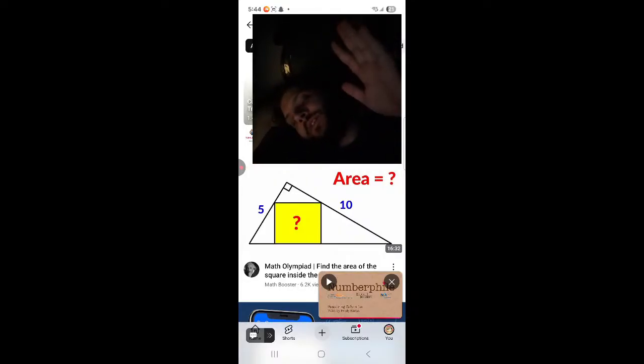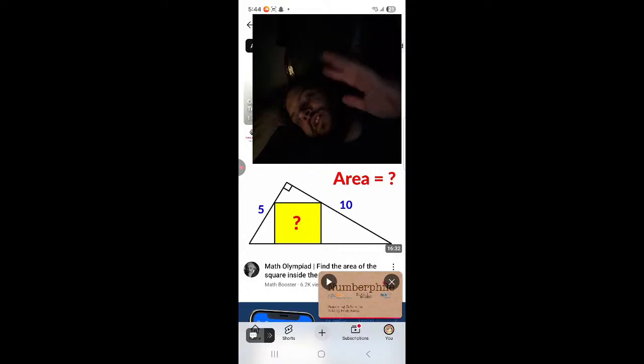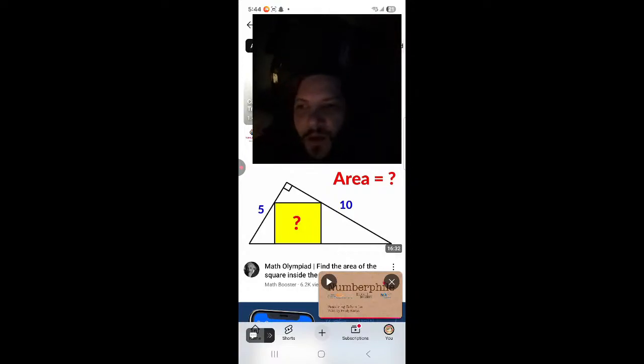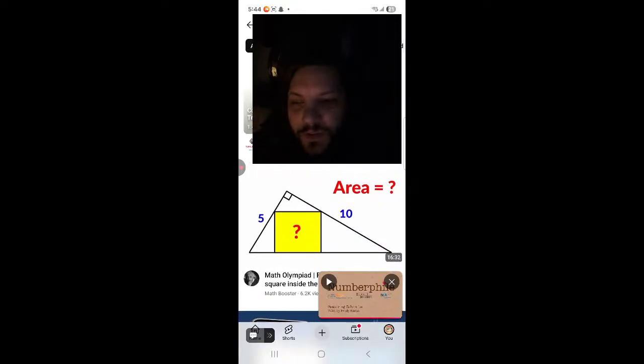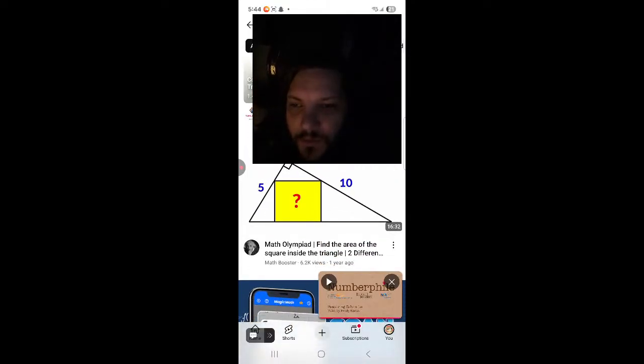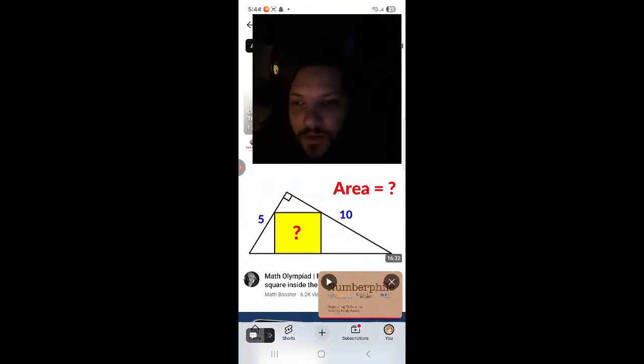Let's just say that the relationship between a regular square and any other type of triangle, it doesn't matter if it's equal or right angle triangle, this is just another right angle triangle, which is annoying me that I can't find isosceles anywhere.